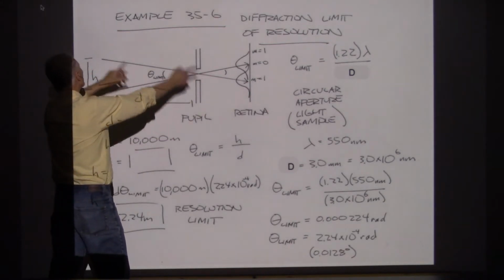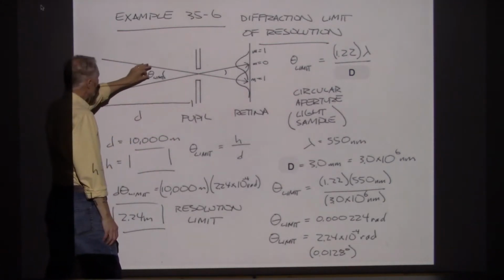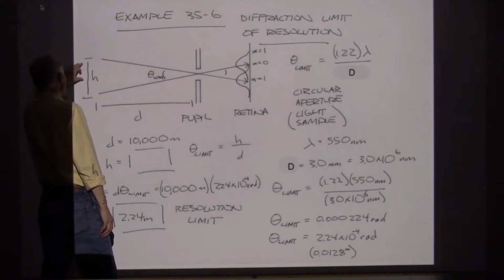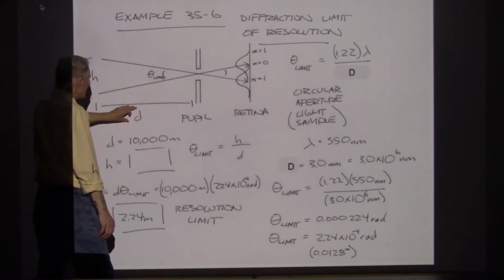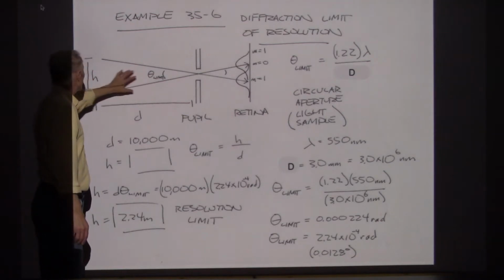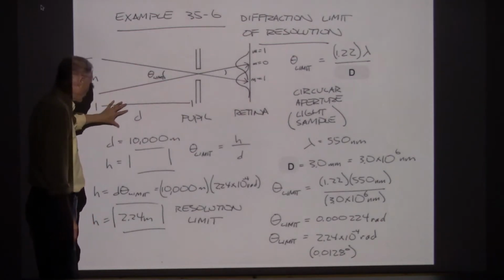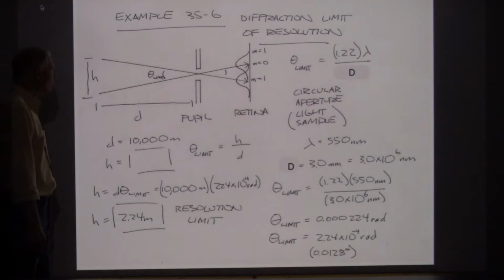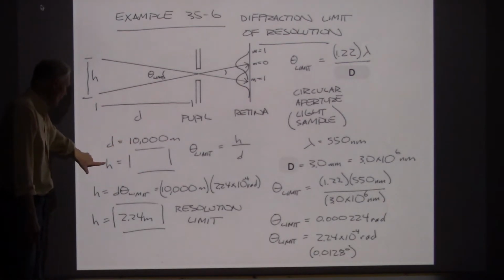Now what we're going to do is work the problem in the opposite direction and say theta is equal to h divided by d. Again, we're using that small angle radians definition. So that's the angular size, or the angular separation. Theta is given by h over d. So using that formula, I can solve for h.